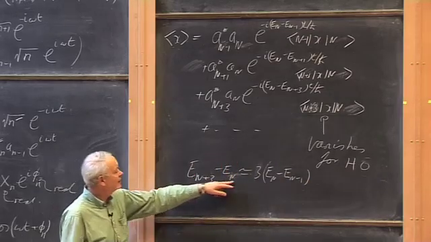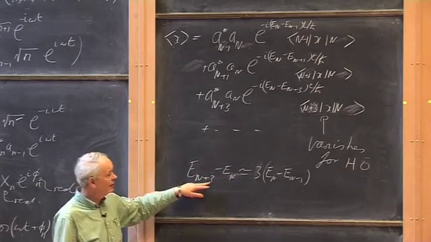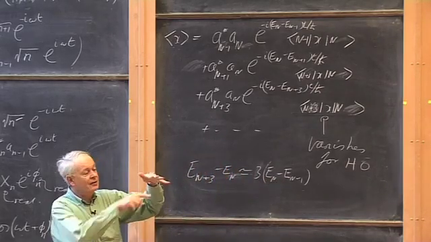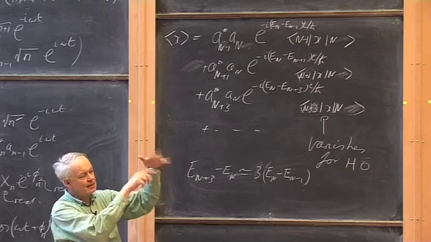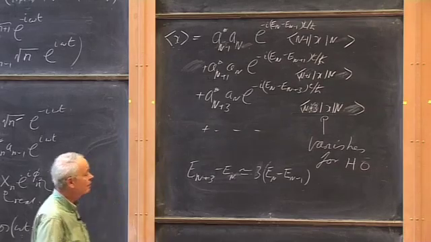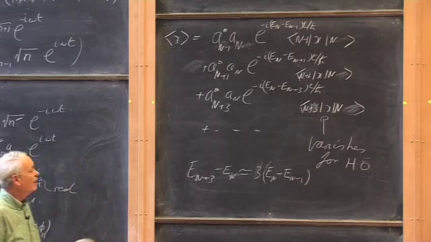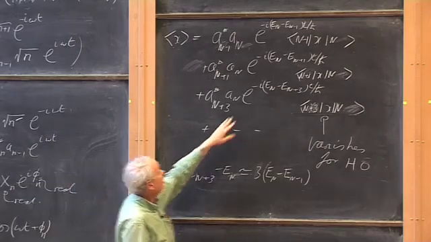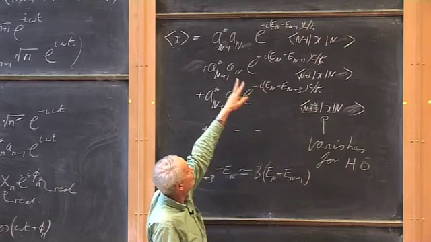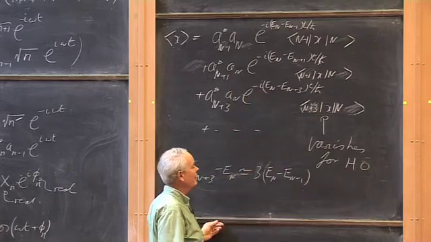Because it's 3 steps on the ladder, and that's only 1 step on the ladder. And if we think of the size of the steps in the ladder becoming small only gradually as we go up the ladder, which is a good picture to use, then this term is going to be essentially 3 times the frequency associated with the other 2, which we can regard as about the same.